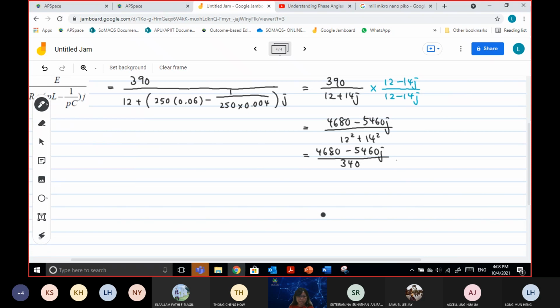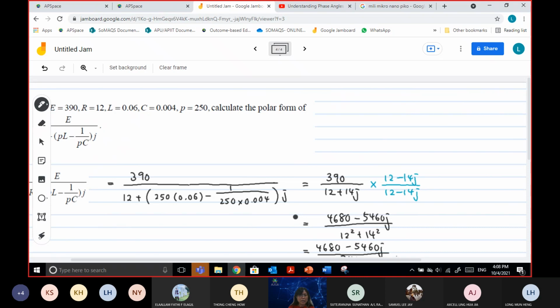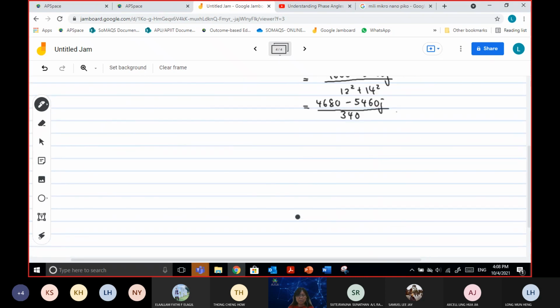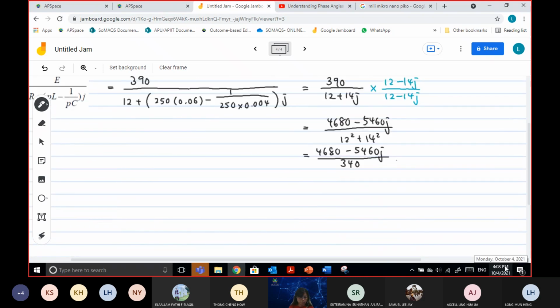Now, your final answer must be in the polar form. So 4680 divided by 340.